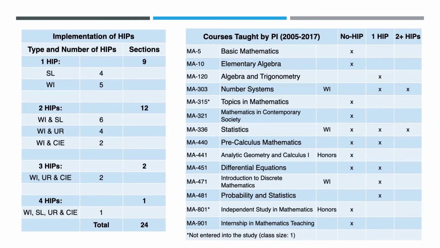So none of this is coming from a formal experiment where you have the experimental section and then the control section for the intervention that you're trying to assess. Not at all. I'm looking back at my years of teaching. So I know that there are courses that I was able to teach both with or without HIPs, but then there are many other courses that have always been taught with a HIP, or that never had a HIP.